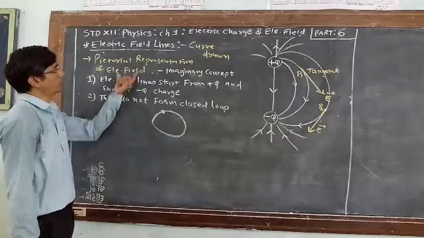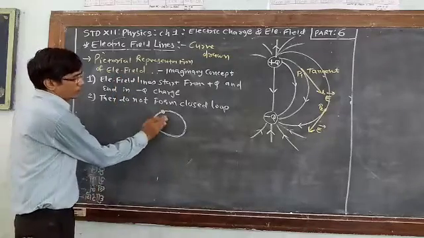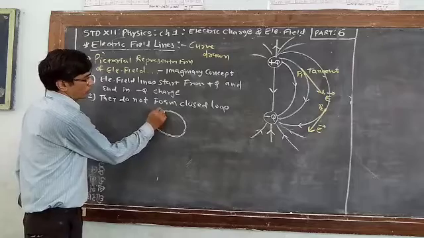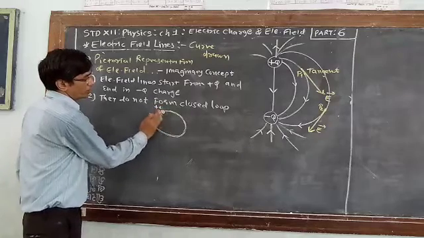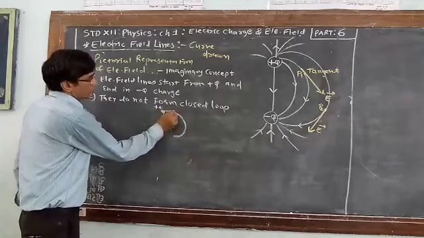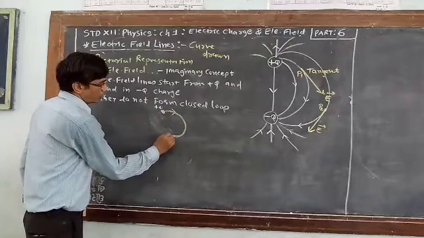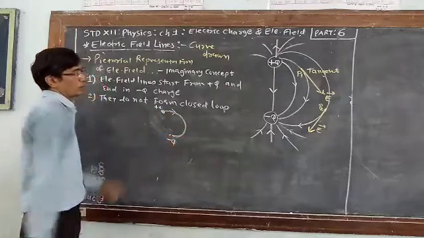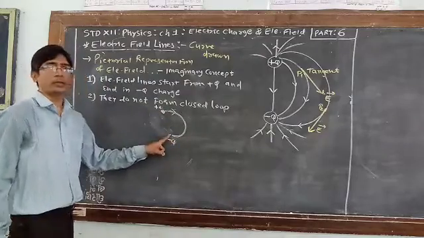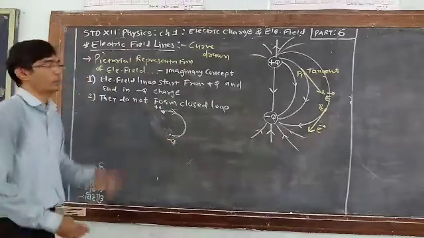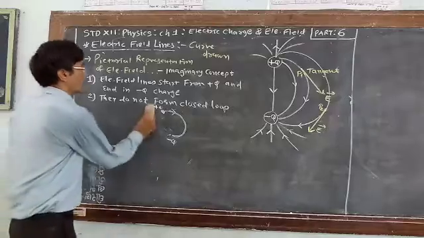But in the case of the electric field lines, they do not form a closed loop. Suppose you are taking the positive Q charge, then the field lines are coming out from the positive Q and enter into the minus Q. So they end in the minus Q charge, and they do not form a closed loop.